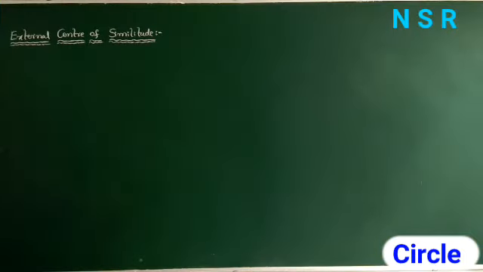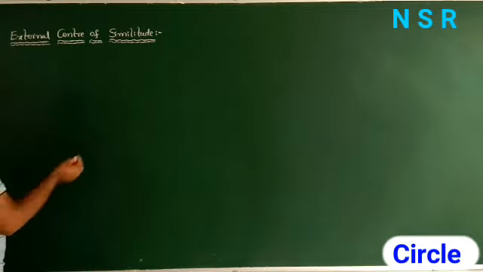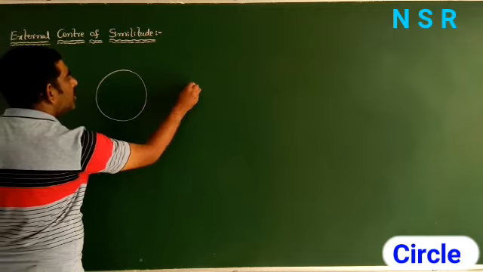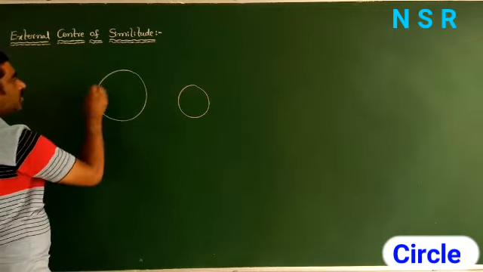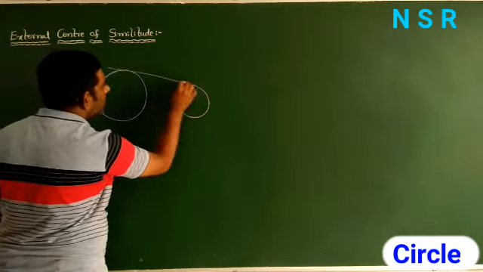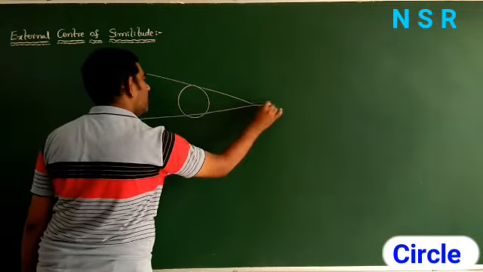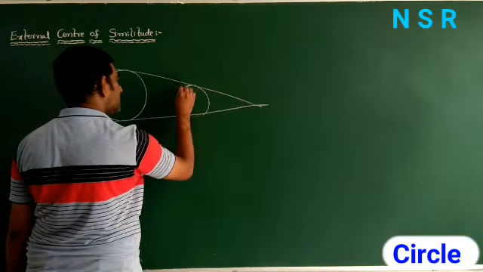So next one, external center of similitude. Suppose S = 0 and S' = 0 are two circles. So here we can draw two direct common tangents.